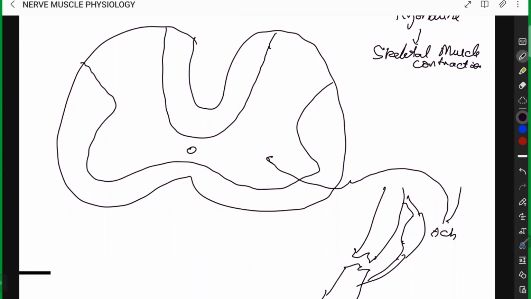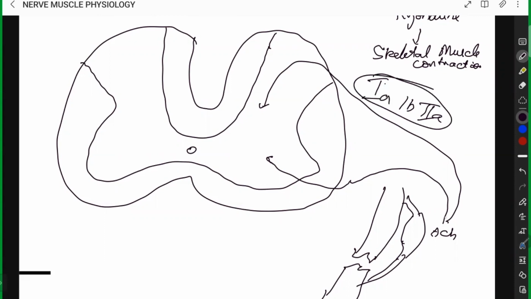That is going to be your muscle 1B. You're going to have 1A, 1B, 2A. All these fibers are going to carry sensation. From there, for a muscle to contract, who is going to carry that? A nerve has to carry it. Only if the nerve carries it will muscle contraction happen.